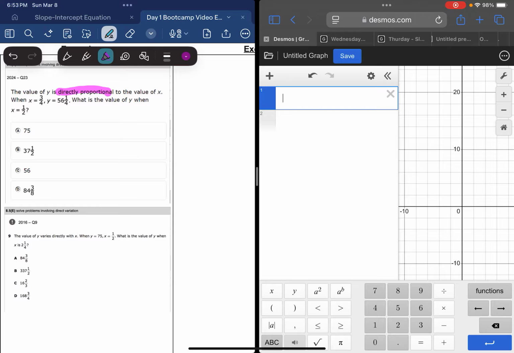What is the value of y when x is 1/2? So what we're going to do is we're going to create two fractions. We're going to do x over y. Okay, so x is 3/4 over y, which is 56 1/4.